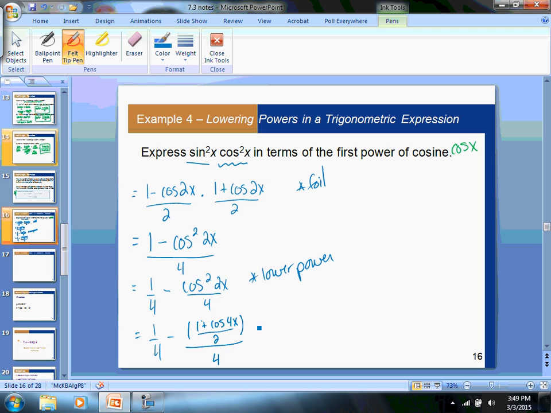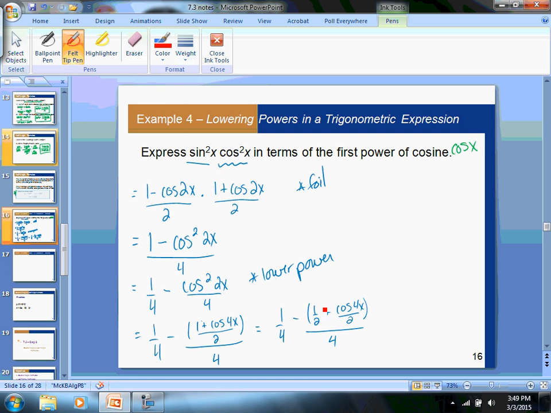Okay? So I'll have the 1/4 out front still, minus, and then I'll have a 1/2, and then I'll have a cosine 4x over 2, and it's still all going to be over 4. So then, let me do some coloring in here.